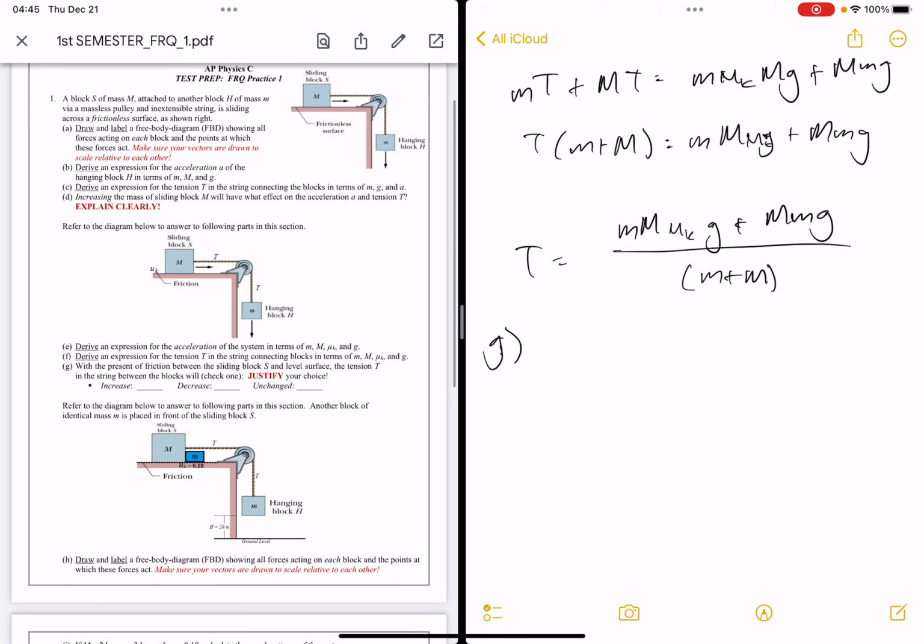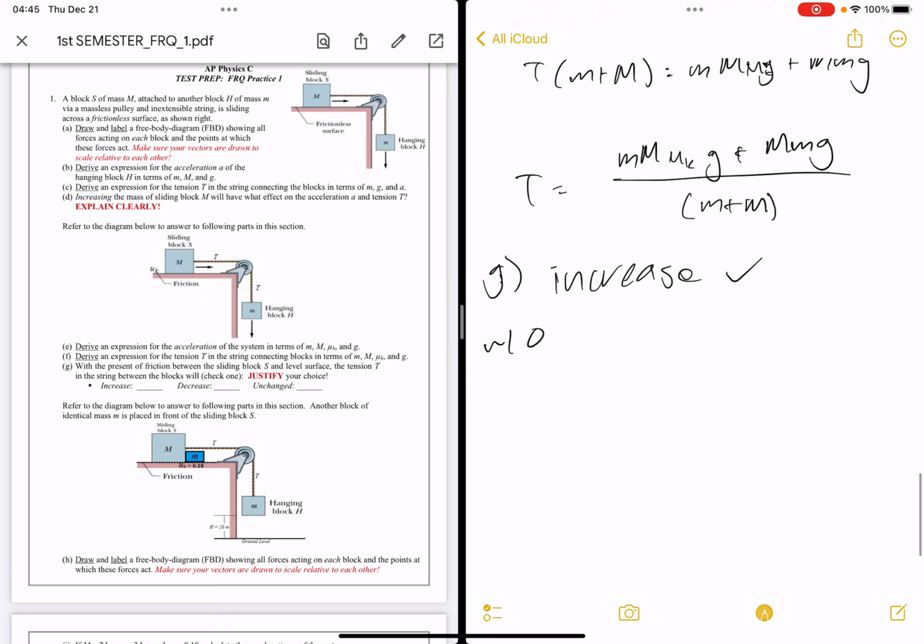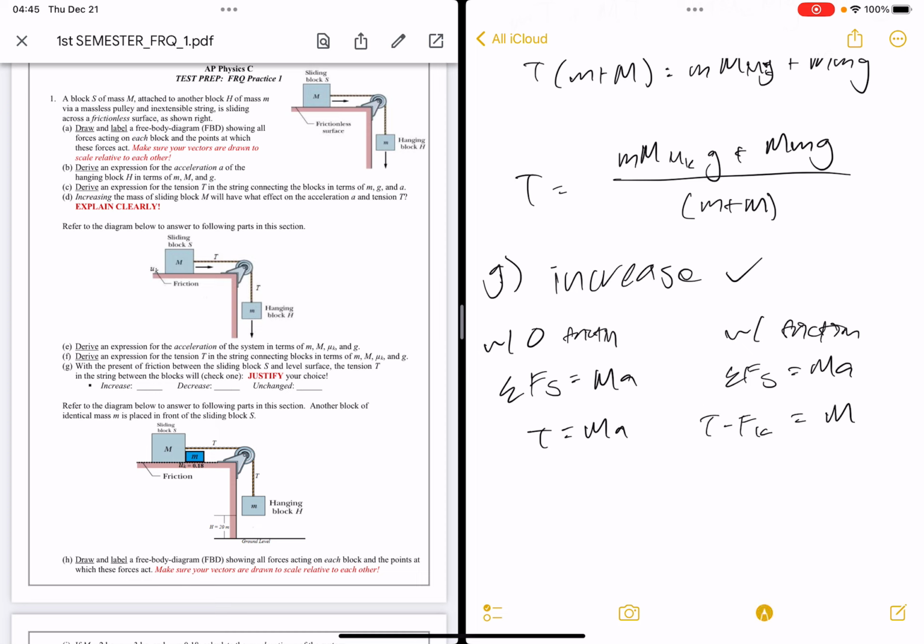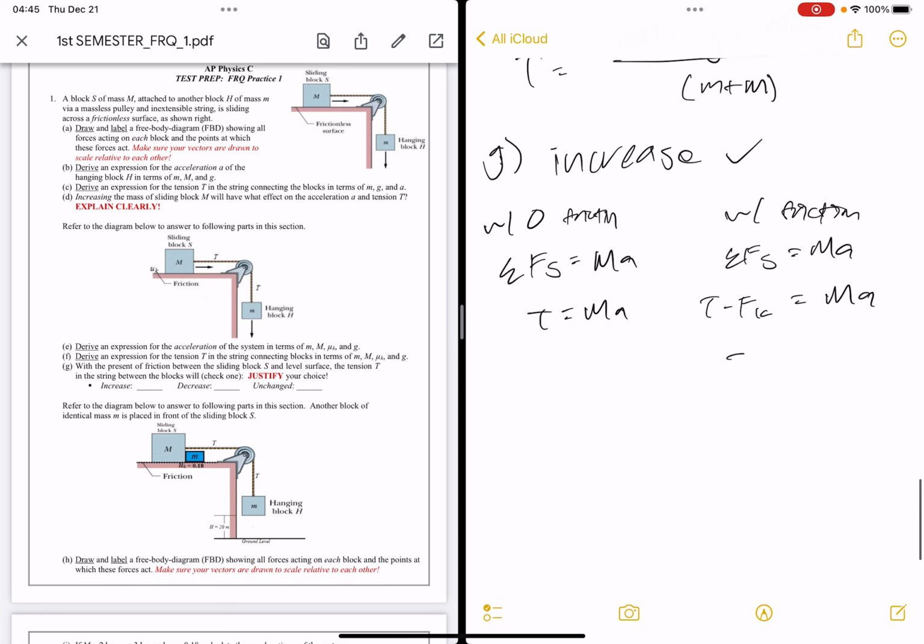Now G. With the friction present, tension will increase. This is because without friction, the net force for block S is just T equals MA, but with friction, the net force for block S becomes T minus Fk equals MA, and T equals MA plus Fk.